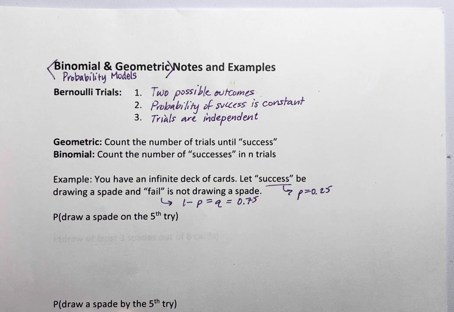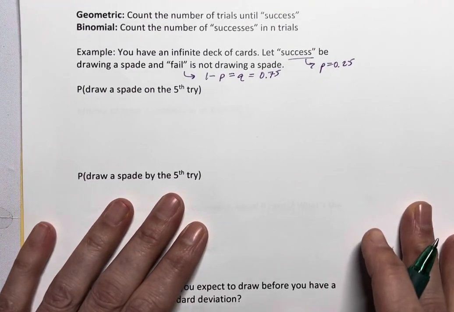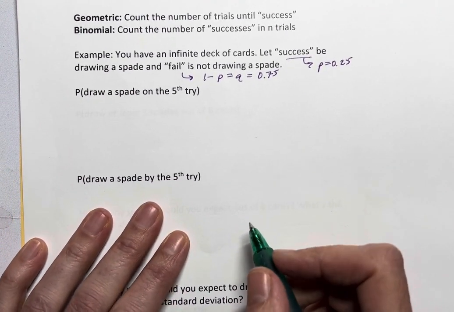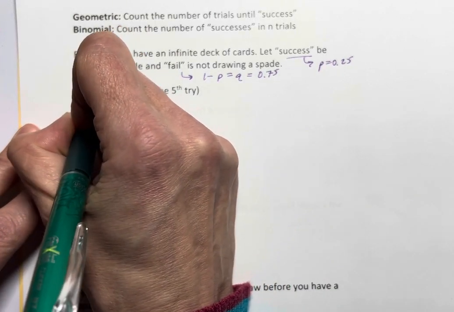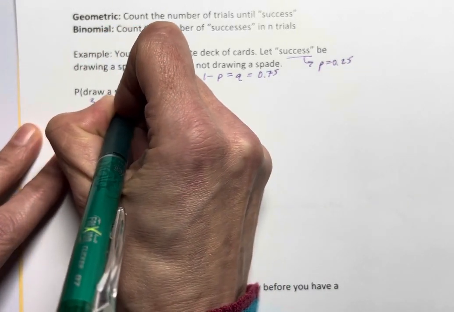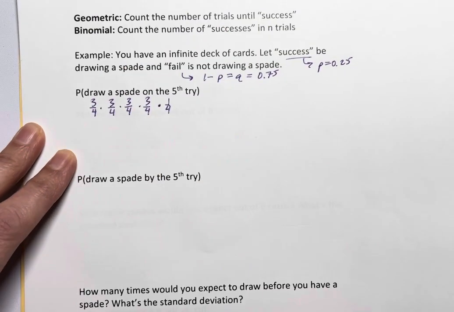So as an example, say you're drawing cards and you want to know the probability of drawing a spade on the 5th try. So if you're going for a spade on the 5th try, that would mean you would have to fail, fail, fail, fail, succeed. Hooray!